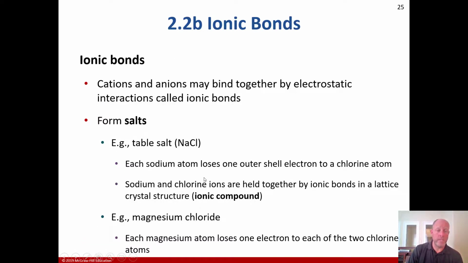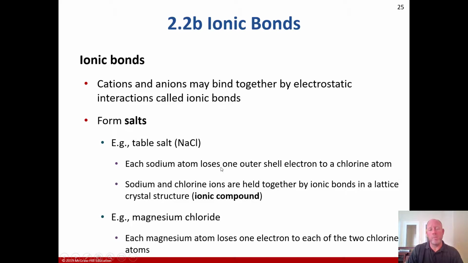Ionic bonds: these cations and anions may bind together by electrostatic interactions. Those interactions are electrostatic, and those electrostatic interactions are called ionic bonds. Okay, they also form salts, and table salt, obviously the one that's very commonly referred to, is sodium chloride, and we just already mentioned this.